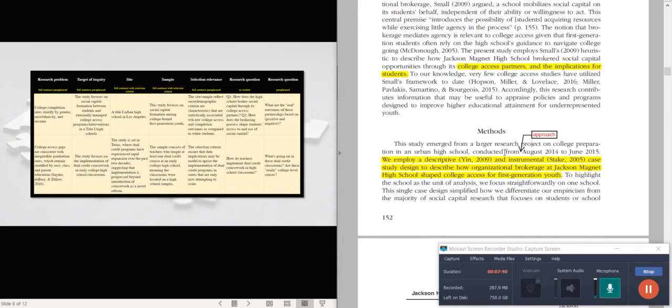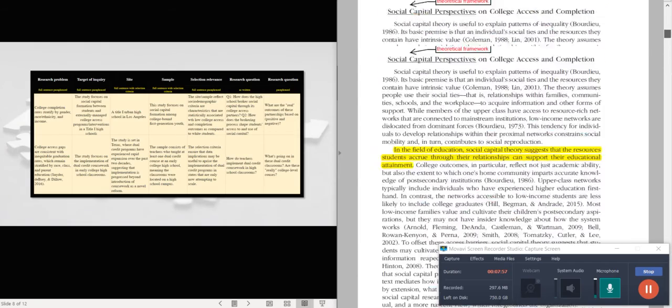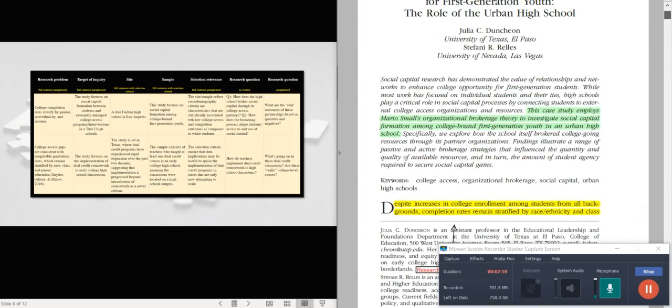And again, I invite you to take a look at the article itself and to see, yes, approach is here. We employ a descriptive and instrumental case study designed to describe this thing, this theoretical framework. At the same time, there are many ways to describe it, maybe just a case study is here.